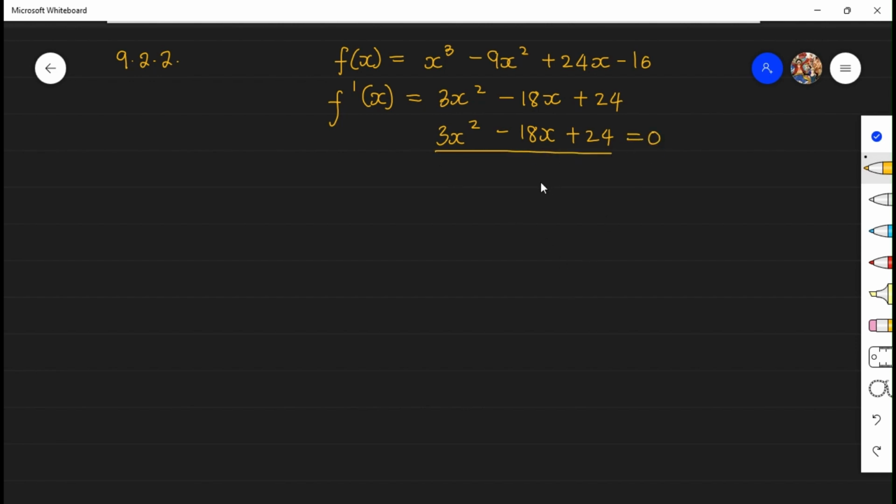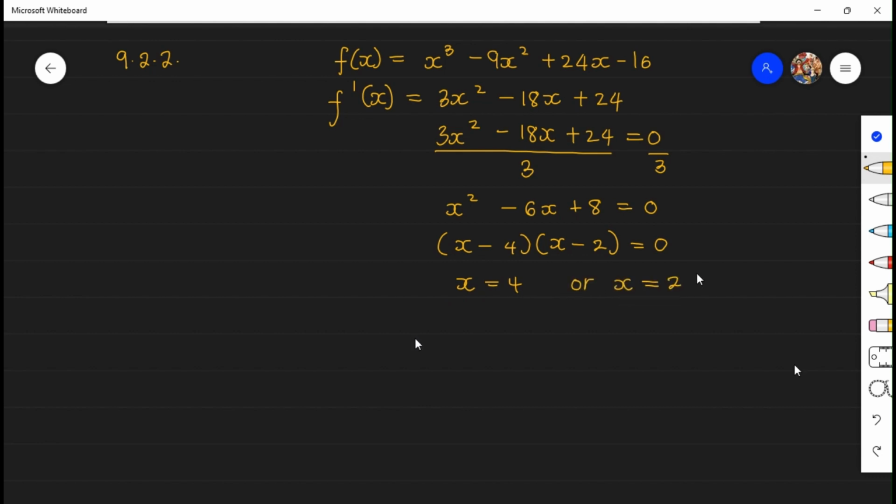From here, we can see that we have a common factor of 3. So I'm going to divide by 3 on both sides. That gives me x squared minus 6x plus 8 equals 0. From here, I can factorize, which then gives me x minus 4, x minus 2 equals 0. From here, I can finally have my values of x as x equals positive 4 or x equals positive 2.